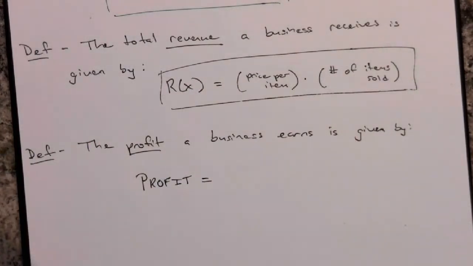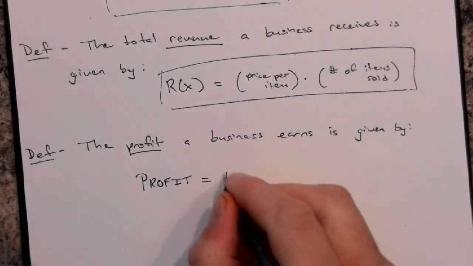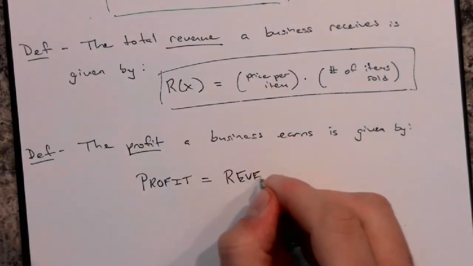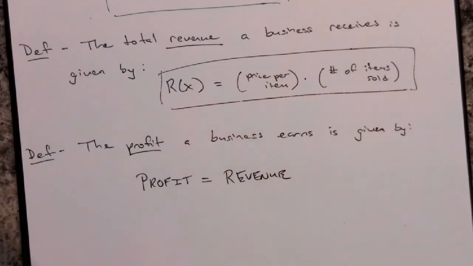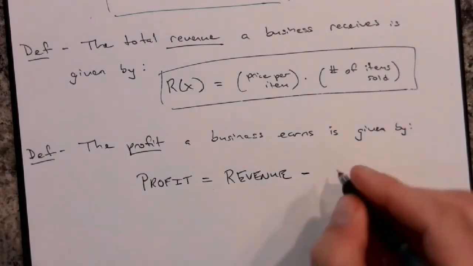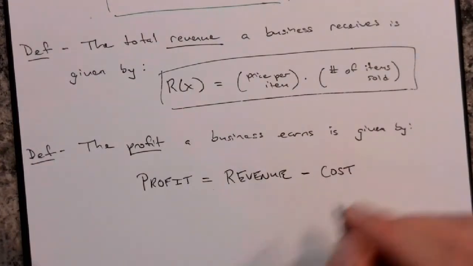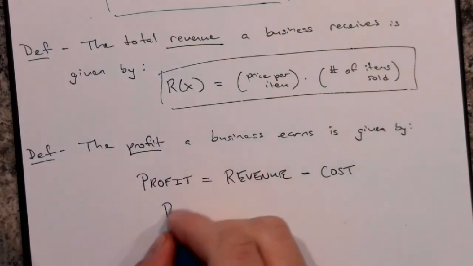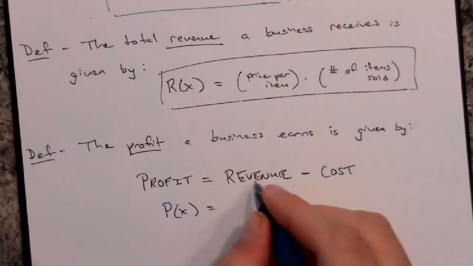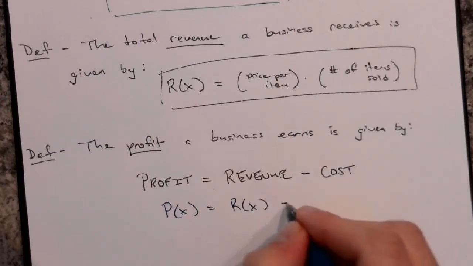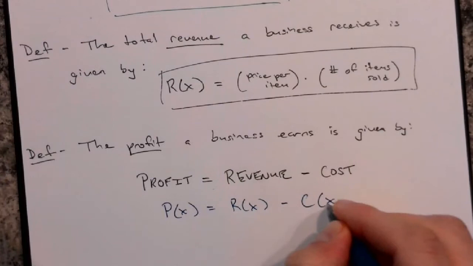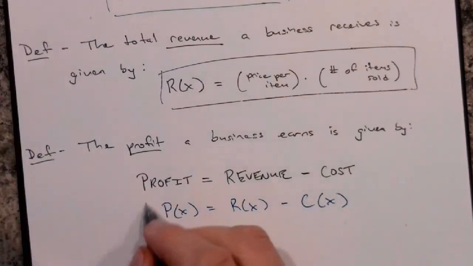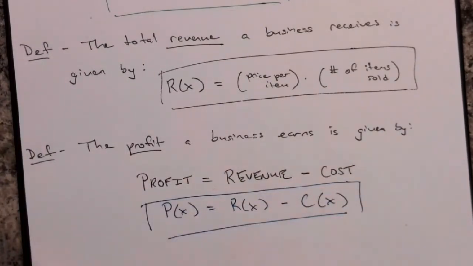The amount of money you bring in, the revenue, subtracting off from that how much it costs you to make your product. So revenue minus cost will give us profit. In terms of a function, I'll call profit P of x. It's equal to revenue, which we called R of x, minus cost, which we'll call C of x.